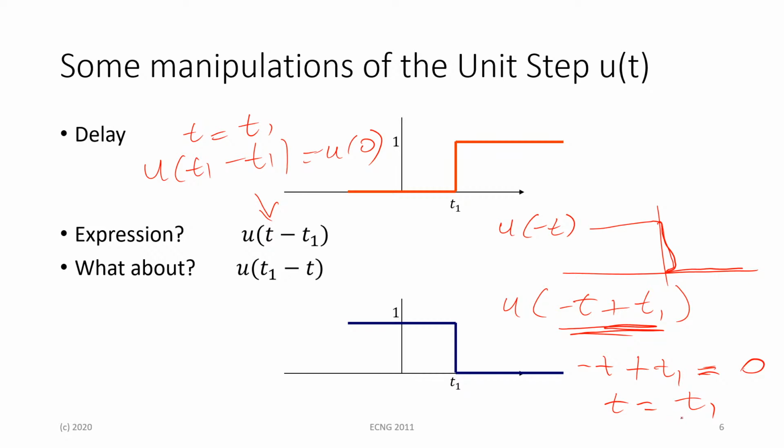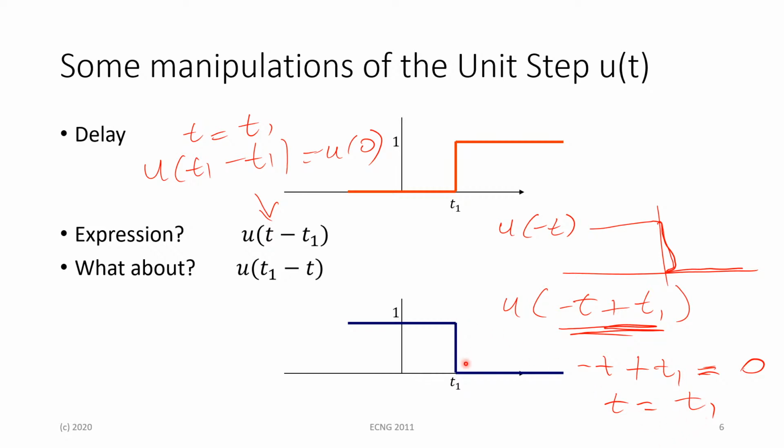So because we know here that t must equal t1 for this bracket value to resolve to 0, and we also know that we had our u of minus t being our reverse signal, which was +1 and then 0 otherwise, that means for t1, we need to make sure that this vertical shift here must be represented at t equal to t1.